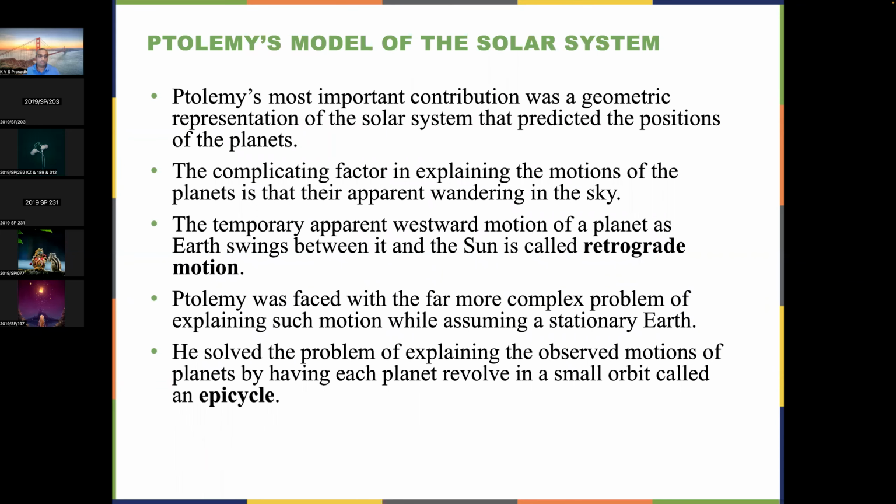So that's some of the historical things that we need to understand. I just try to present it in a logical way so that you have an idea what we are talking about, right? And then when we talk about our solar system, which means including our sun and all these planets, the most important contribution came from Ptolemy at that time with the geometric representation of the solar system.